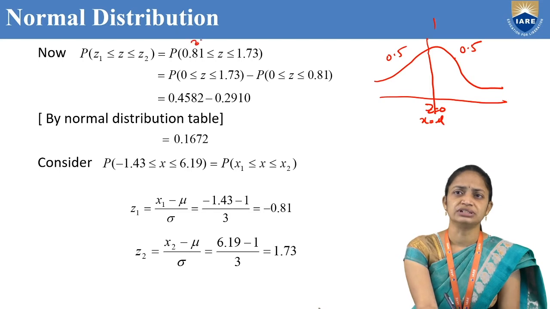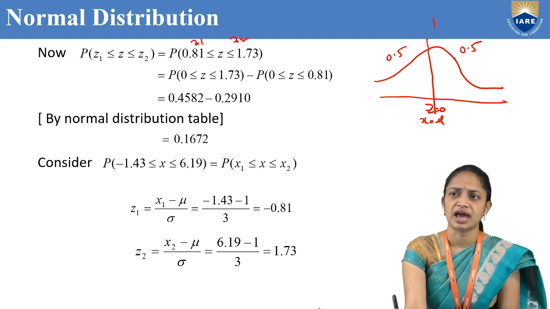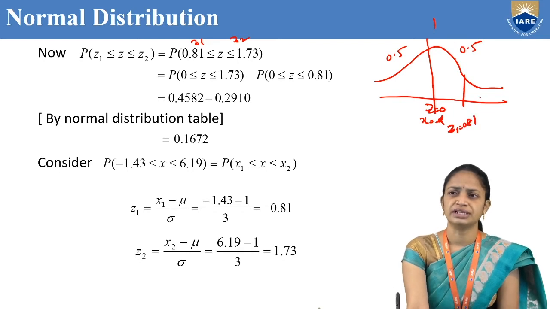So this is z1, which is 0.81, on the left, and z2, which is 1.73. We need the in-between area.